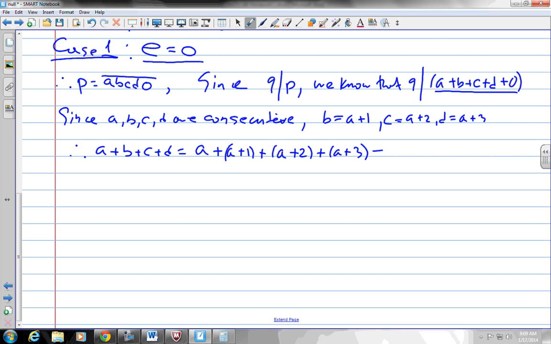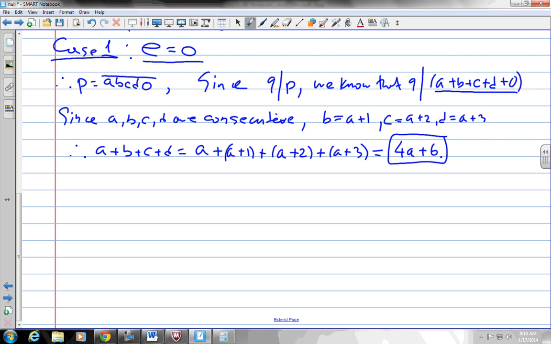So if we combine like terms, we get 4A plus 6. Right? Well, but I don't know what A is. All I know is that 9 has to divide this number, right? Because that's what this number is.